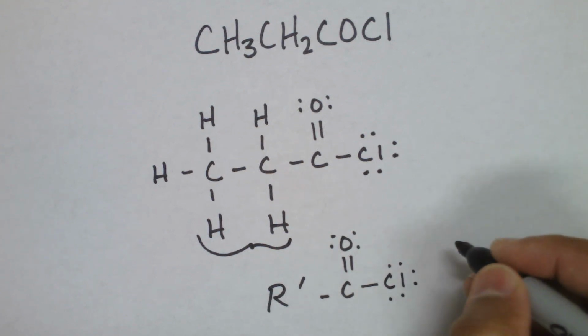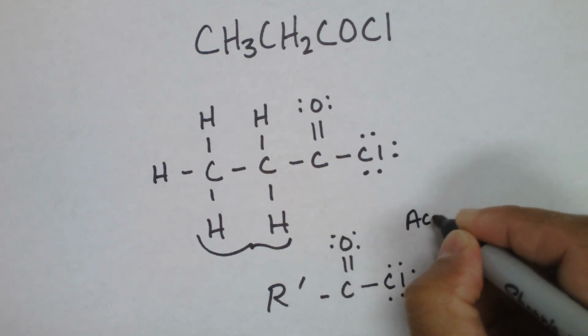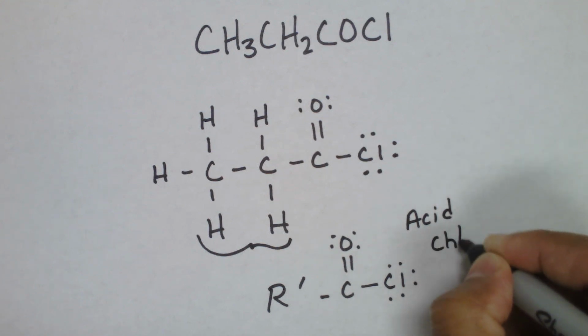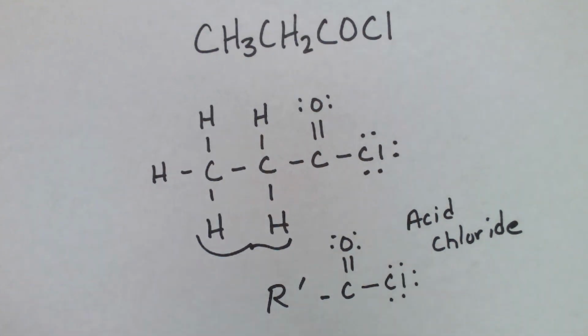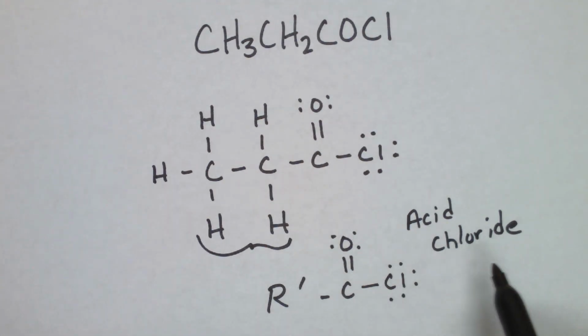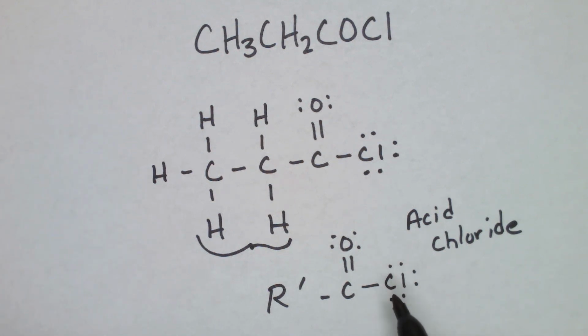This is commonly called an acid chloride. The acid chlorides are most common, although there are some other halogens that can bond here. The acid chloride is the more common one that we'll see in organic chemistry.